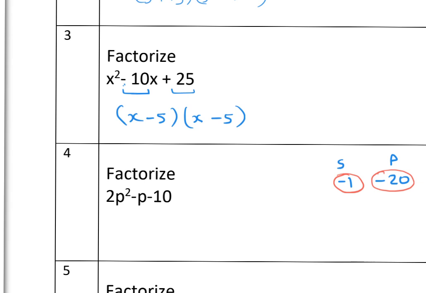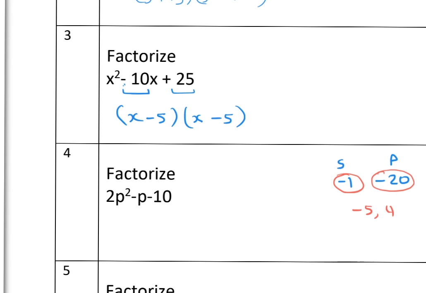But because I need one negative and one positive, and the sum negative, you can say negative 5 times 4. Negative 5 times 4 equals negative 20, and negative 5 plus 4 equals negative 1.